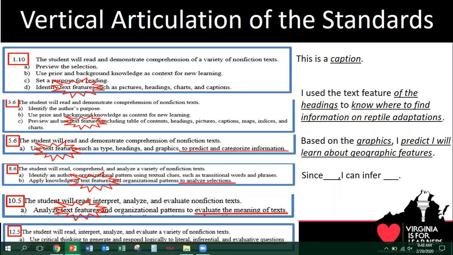Moving into the next one, third grade, we're using text features now. So my frame for them would have to tell how it was used. For example, I used the text feature and then identifying which one, in this case headings, in order to, and then how they used it.